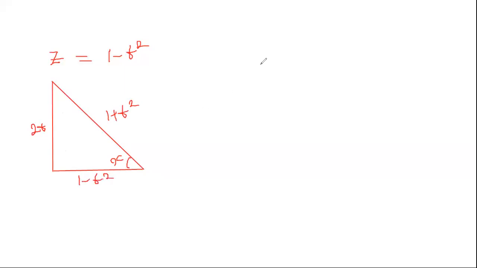So from here, we can get the t formula for cos of x. We know that cos is equal to adjacent over hypotenuse. So this would be 1 minus t squared divided by 1 plus t squared.